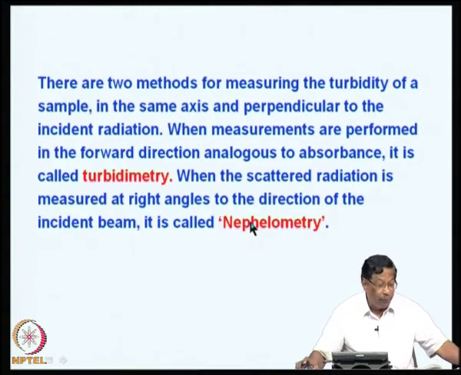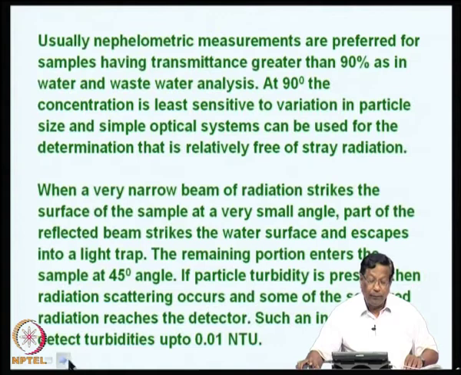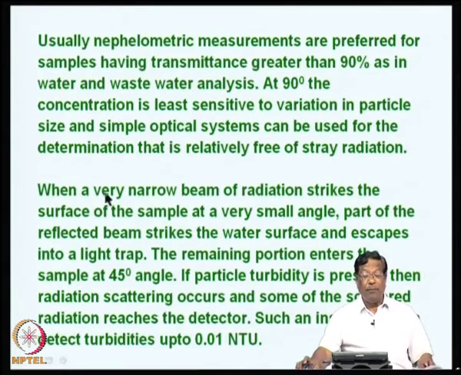Both possibilities exist, and the problem is when to choose nephelometry and when to choose turbidimetry. Usually, nephelometric measurements are preferred for samples having transmittance greater than 90%, as in water and wastewater analysis.